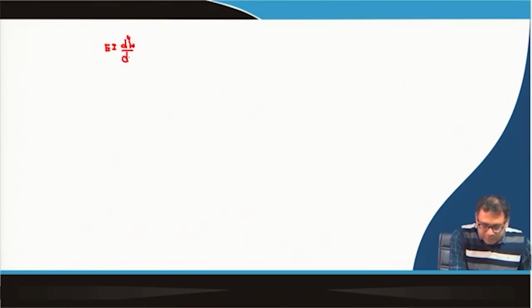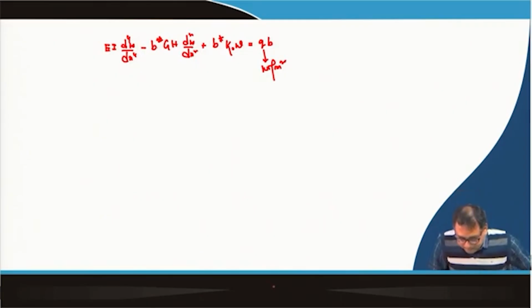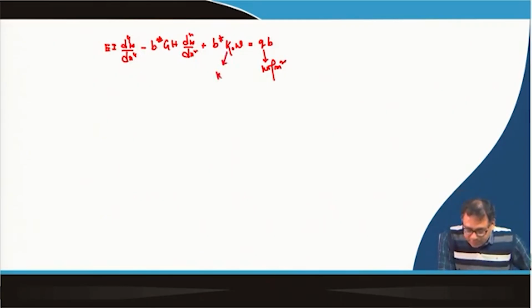2 parameter model. So, for a beam on 2 parameter model, your equation is E I d⁴w/dx⁴ minus b' G_h d²w/dx² plus b' k₀ w equals q b, if your q is in kilonewton per meter square and k₀ is kilonewton per meter square per meter.